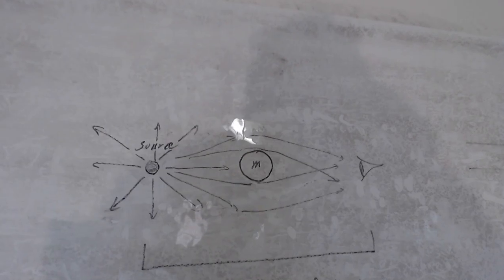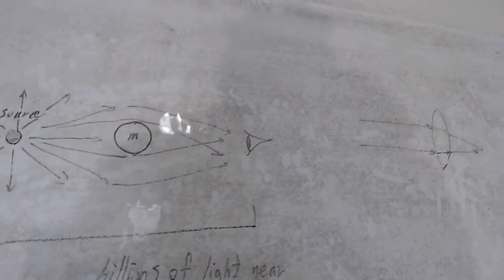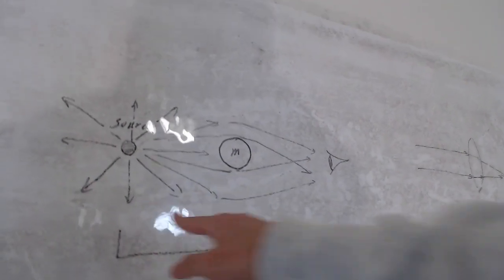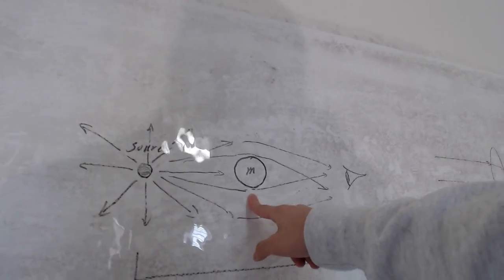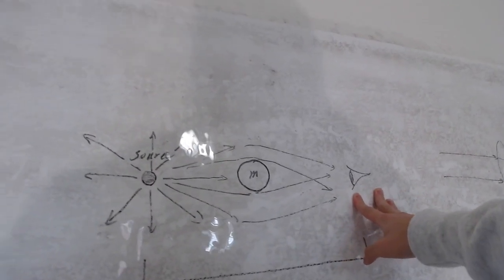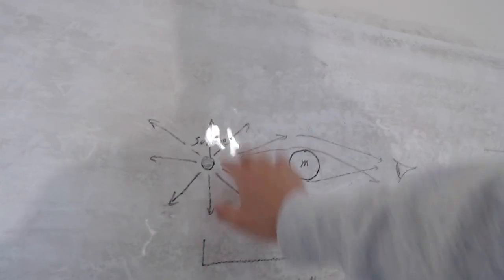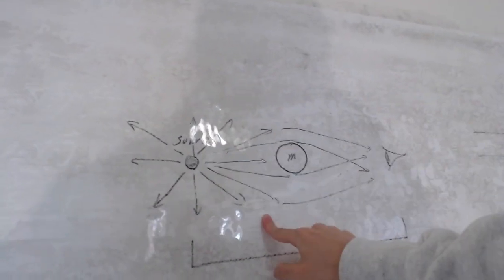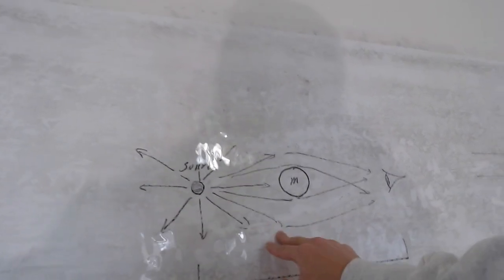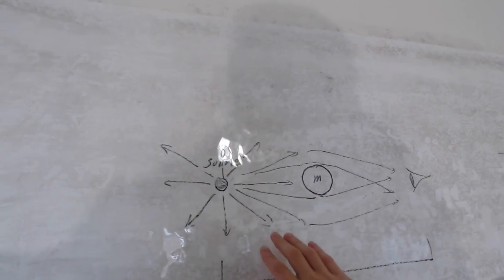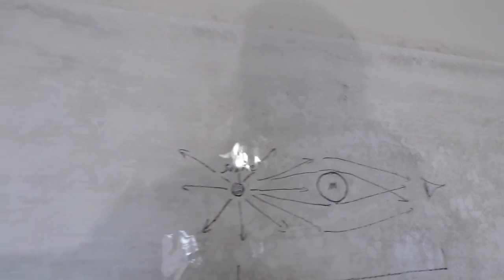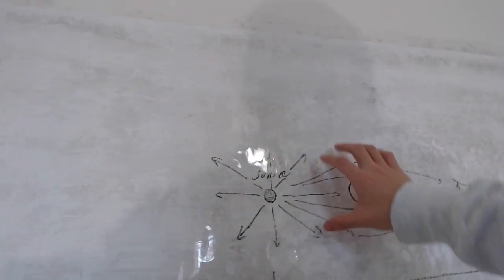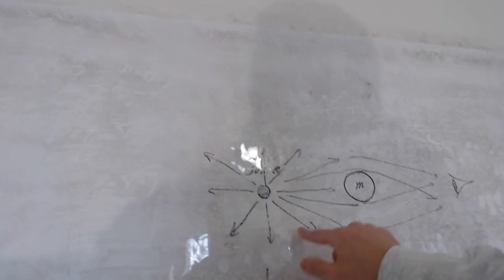Now as for gravitational lensing, this is how it looks. This is the source, this is the mass, which is a black hole or dark matter halo, and this is our observer. As the light is emitted from the source, it travels in all directions in three-dimensional space. Since I'm drawing this on the whiteboard, it looks two-dimensional, but it's actually three-dimensional.